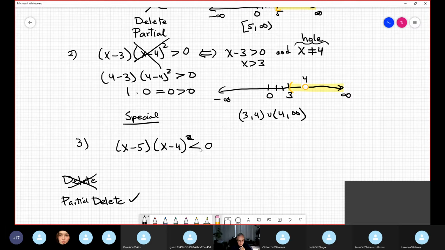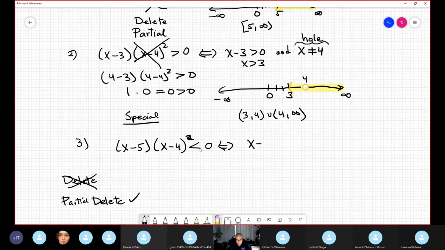Very well. No full delete, because there's no equal here. When there's equal, you delete totally. So this inequality is equivalent to saying x minus 5 less than 0, and you consider a hole at 4, similar to this. And you solve for x here: less than 5.